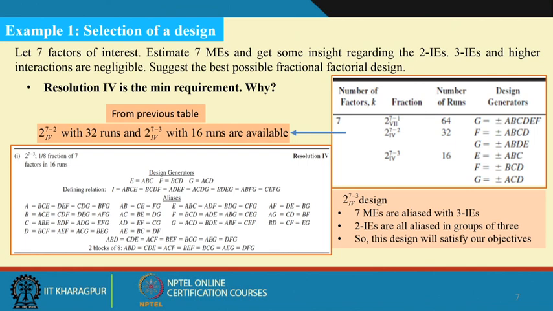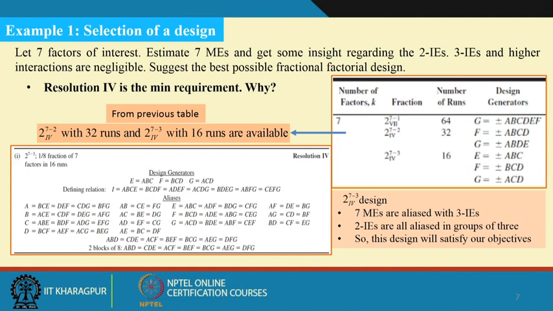Then what will be the best fractional factorial design? We are saying that resolution 4 will be the minimum requirement. The reason is that in resolution 4 main effects are not aliased with second order interaction effects, they are aliased with third order interaction effects, and second order interaction effects are aliased with other second order interaction effects.